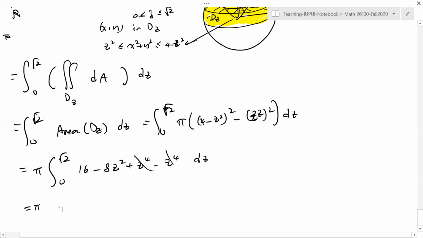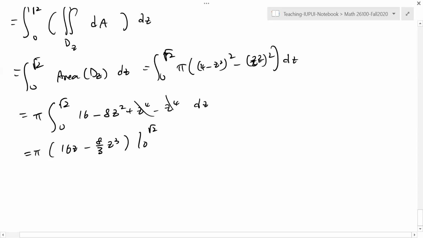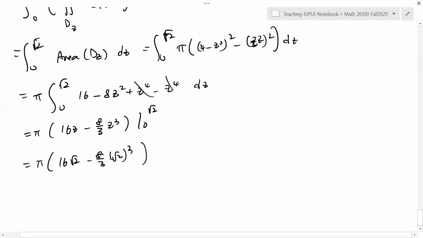The antiderivative is 16z minus 8 over 3 z cubed, and evaluate at the two endpoints. So you will get 16 square root 2, 8 over 3, square root 2 cubed. Okay. So we have to simplify a little bit.